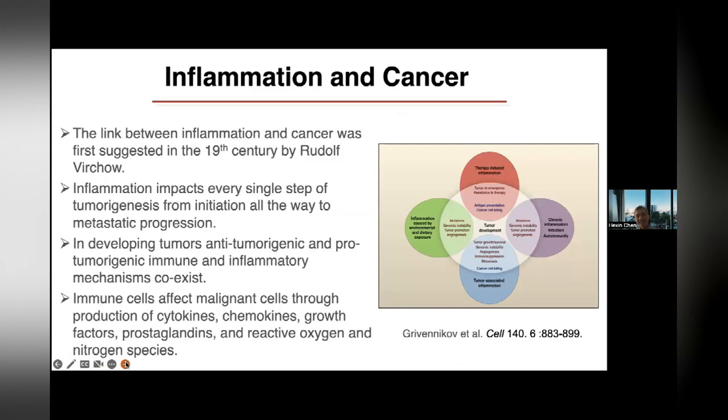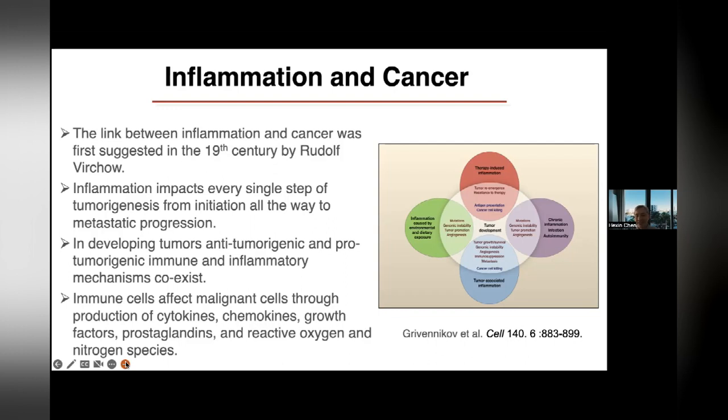So inflammation has been well known to link to cancer. This link was established in the 19th century by Rudolf Virchow. Inflammation can impact every step of cancer development, from cancer initiation all the way to cancer metastasis.